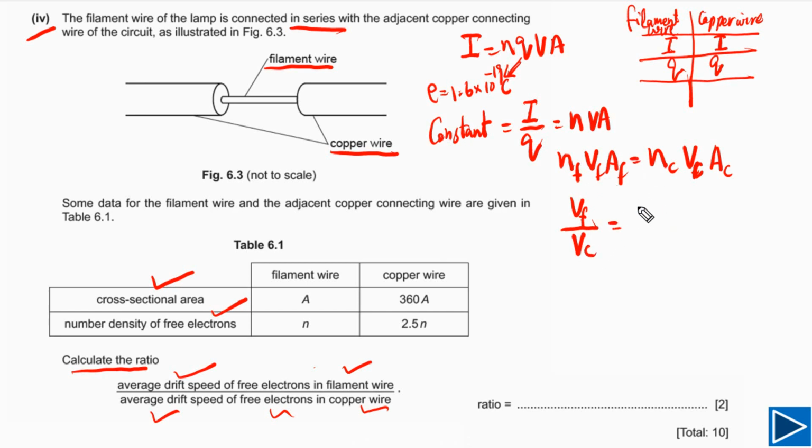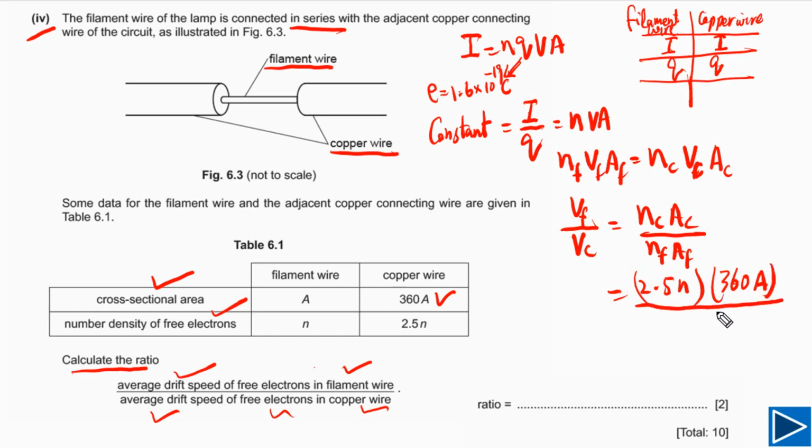So we just rearrange this, then we can say this is N_C A_C divided by N_F A_F. The values of N_C, meaning the number density for the copper wire, is given, that is 2.5 N, and the cross-sectional area of the copper wire is given, that is 360 times the cross-sectional area of the filament wire.